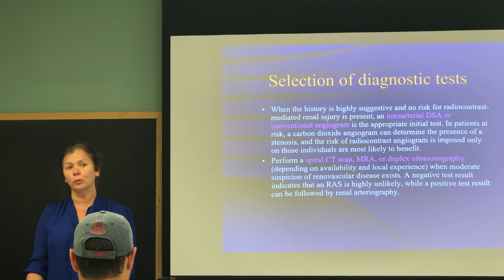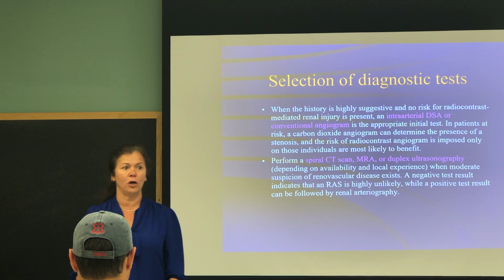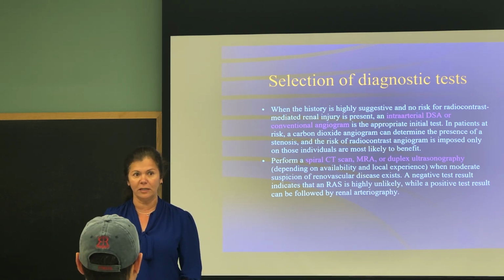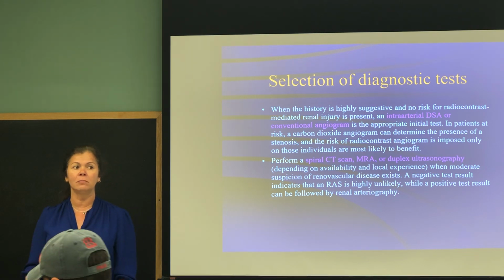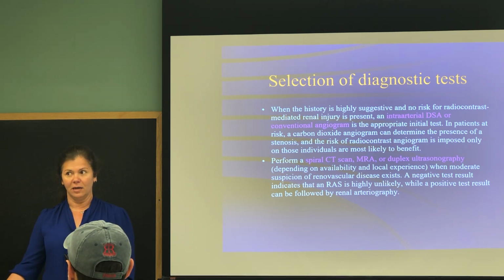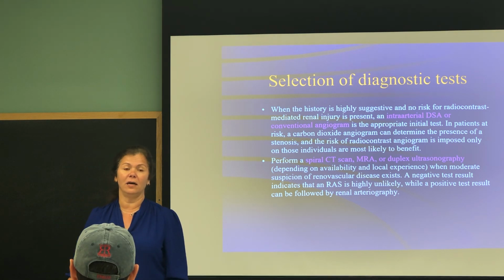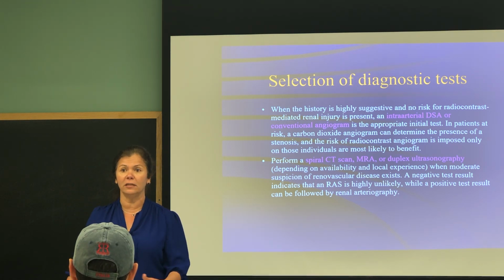Okay, and you're not going to induce more nephropathy with the contrast. If you have to use contrast, it's best to use MRA, which uses gadolinium, which doesn't affect the renal function as much as iodine.